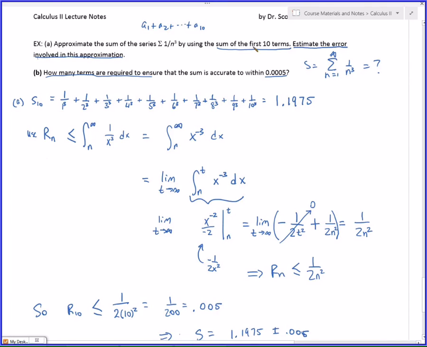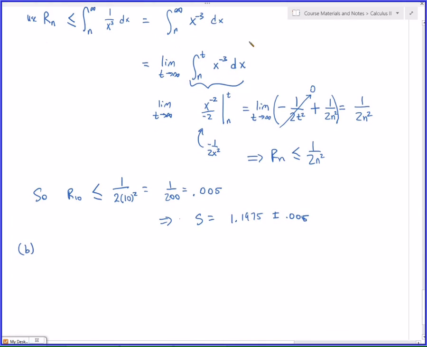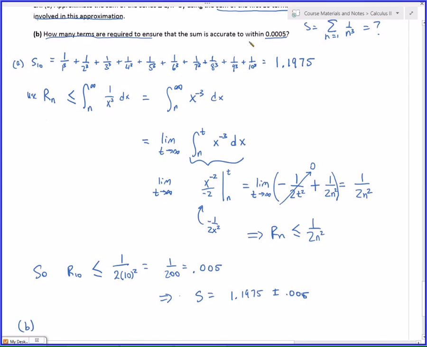How would you solve that? Any ideas for that? Could you set it equal to 1 over 2n squared? Since Rn is less than or equal to 1 over 2n squared, you want Rn to be less than what? This 0.005? 0.0005? So yeah, I think if you set that equal to 0.0005, and then do what?